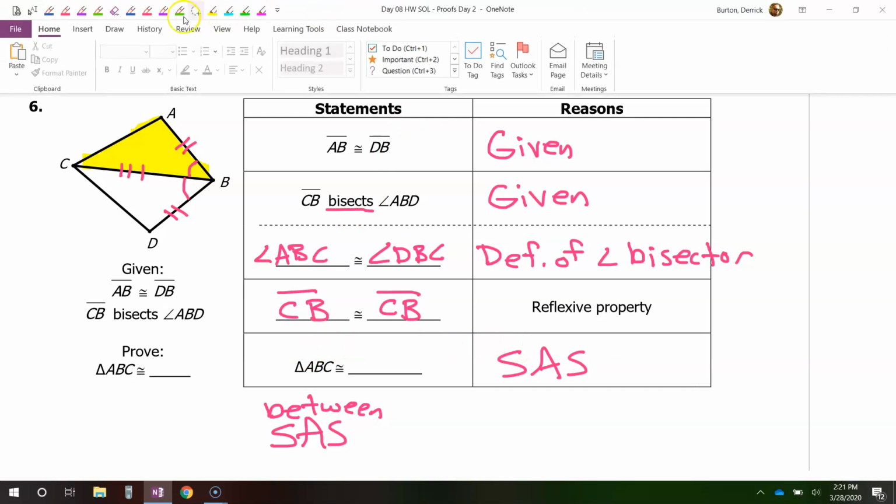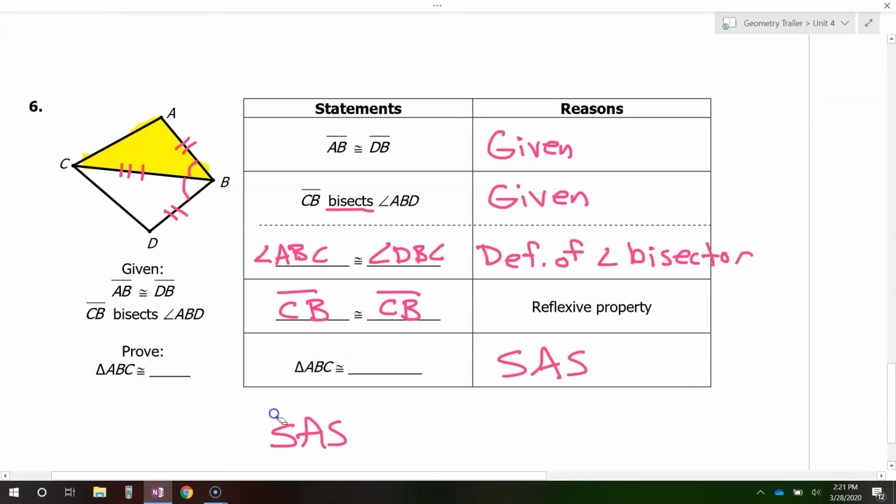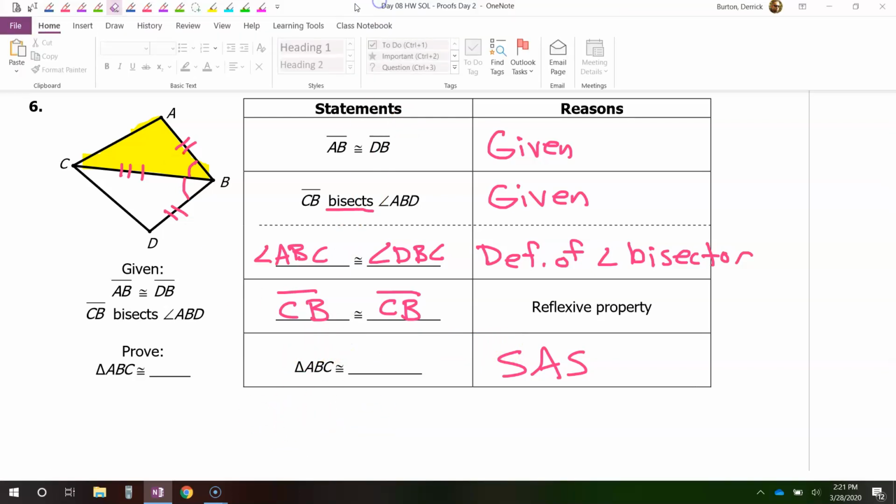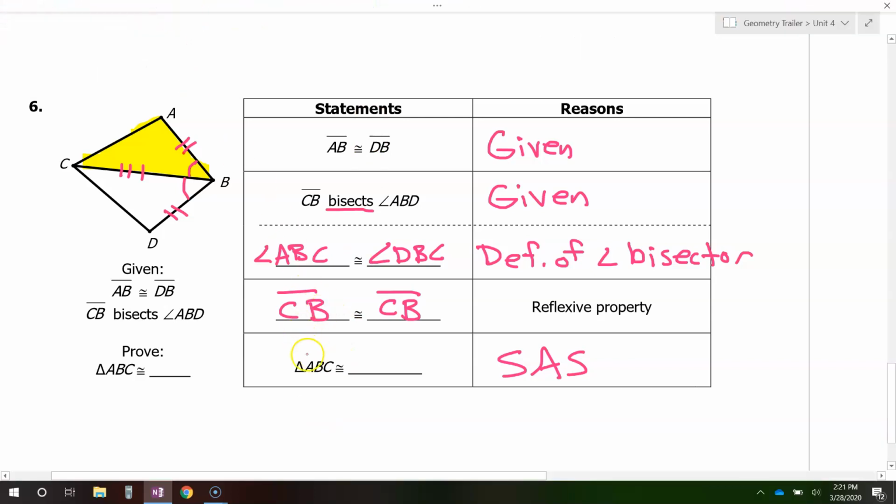All right, so let's go ahead and make the congruence statement. Triangle ABC is congruent to triangle what? All right, well, angle A clearly corresponds with angle D. It's pretty obvious the way they're opposite from each other like this. Now, how about angle B?